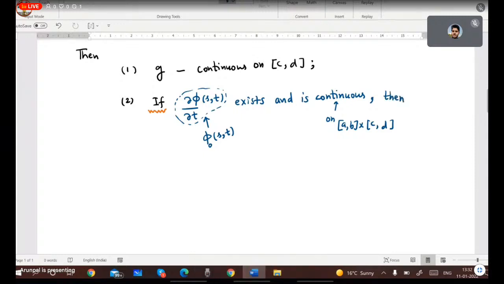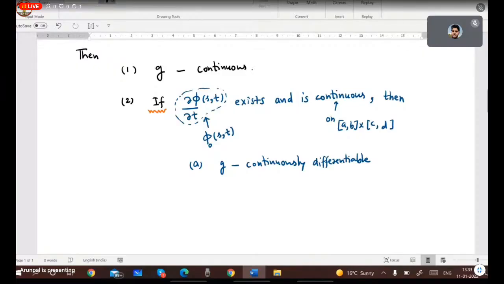Then point number 2 says that G is continuously differentiable. Class, in fact, there is no need to say this on c comma d, because this is understood, because G is defined on c comma d.